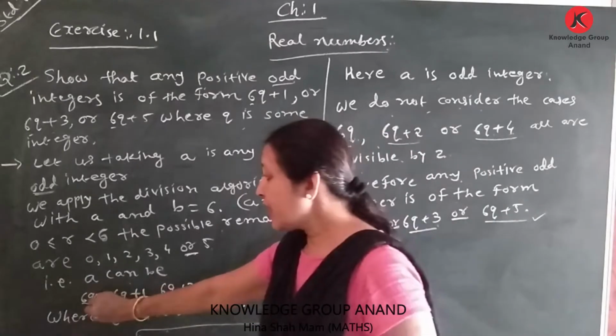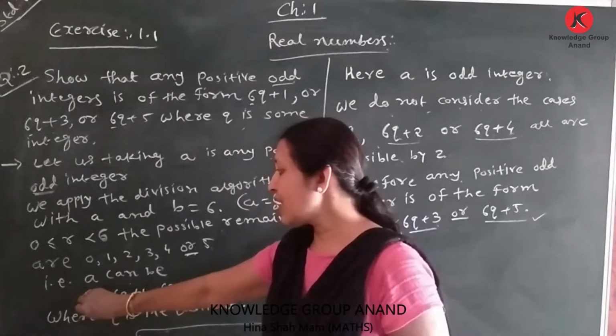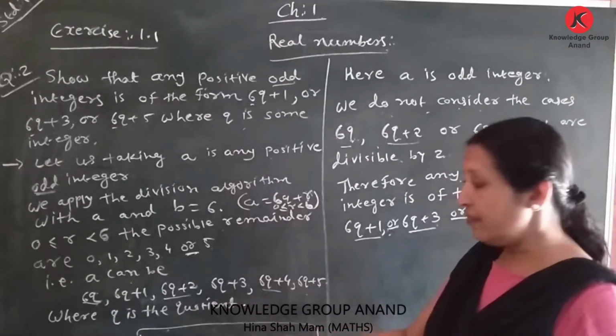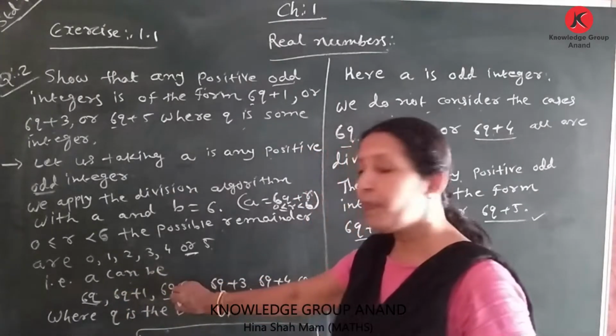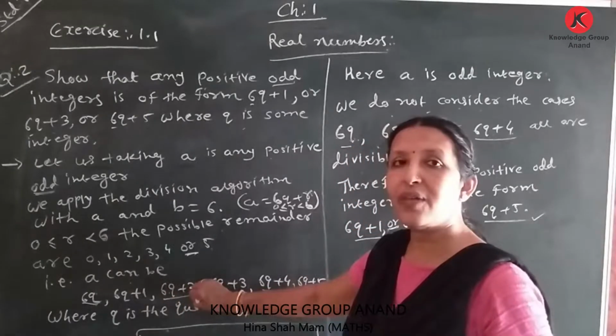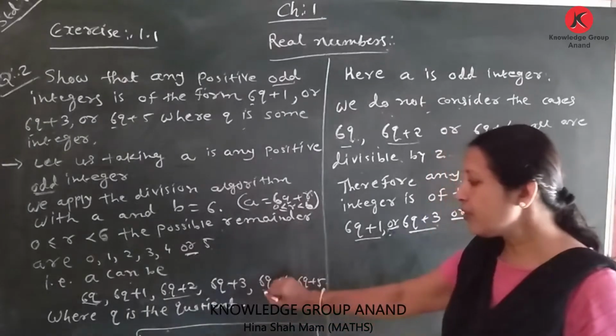Now we put, for 6q, q equal to 1, 6 times 1 is 6, and 6 times 2 is 12; these numbers are even, divisible by 2. For 6q plus 2, if we put 3, 6 threes are 18 plus 2, which is 20, divisible by 2.